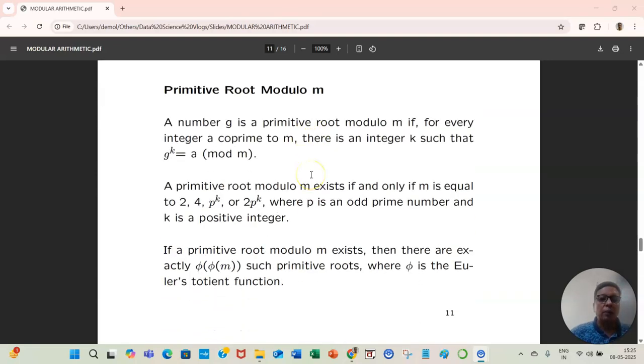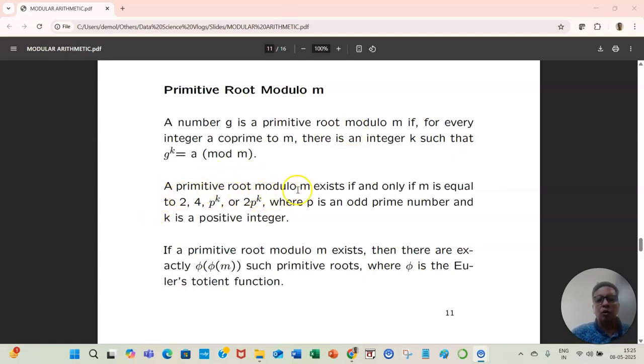Primitive root modulo m: a number g is a primitive root modulo m if for every integer a co-prime to m there is an integer k such that g to the power k ≡ a mod m. Then we call g a primitive root modulo m.